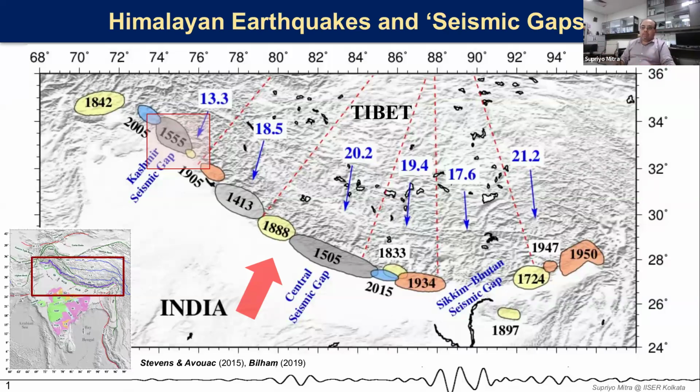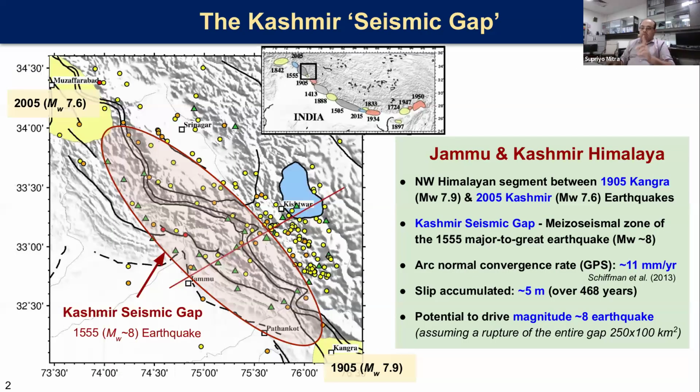Our interest was in one of these seismic gaps, which is in the northwestern corner, marked by the red box. If I take a closer look at this region, this is a gap between the 2005 Kashmir earthquake, which you see on the left of your screen on top, and the 1905 Kangra earthquake, both greater than 7.5 magnitude. This region had a big earthquake in 1555, and what you see as the red oval is the mesoseismal zone of that earthquake.